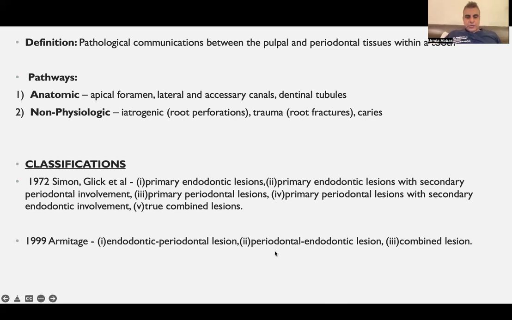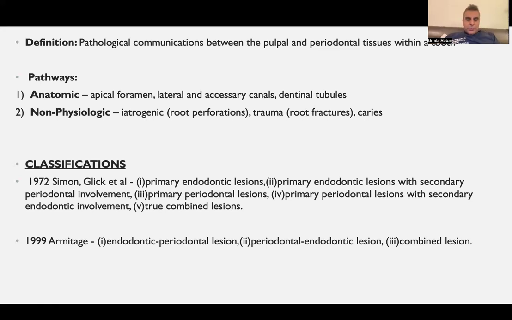His classification was that there are endo-perio lesions, where from the channels which we spoke about, the apical foramen, lateral and accessory canals, and dentinal tubules, from the root canals you can have the links between endo and perio lesions. That was the first one. So you can have it physiological or non-physiological.